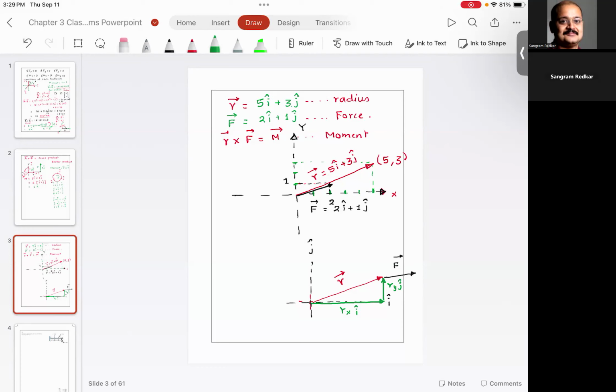Please note, this vector is going towards right, this vector is going up, so the final resultant should close this vector. Everyone understood this? This vector R is resolved into its X component and its Y component.